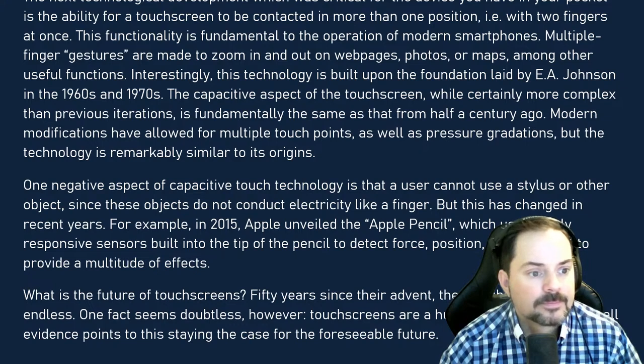Modern modifications have allowed for multiple touch points as well as pressure gradations, but the technology is remarkably similar to its origins.